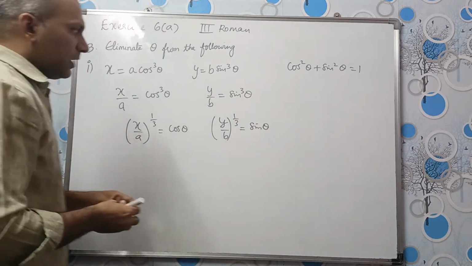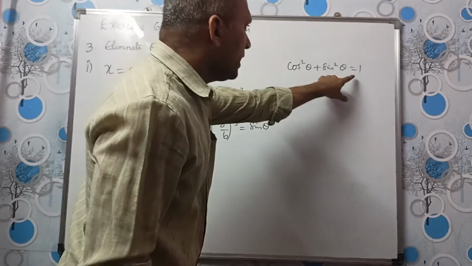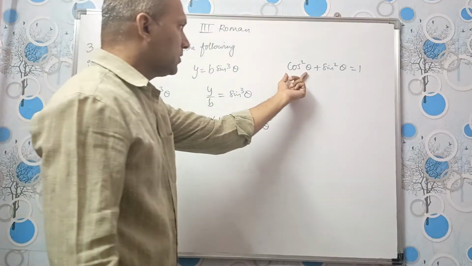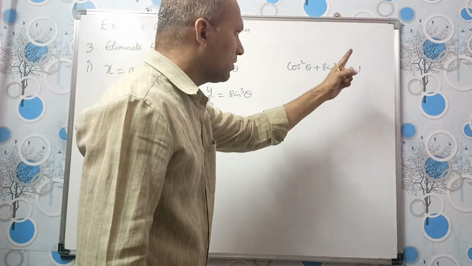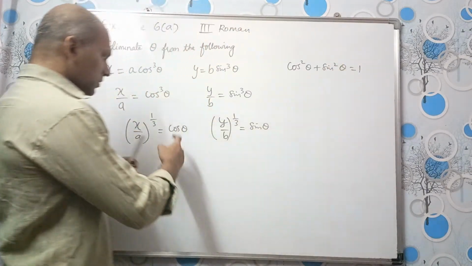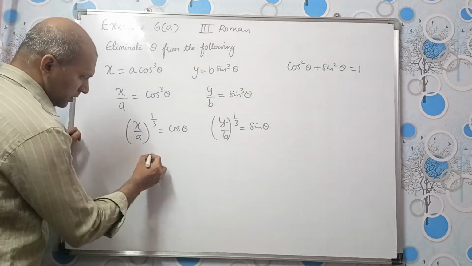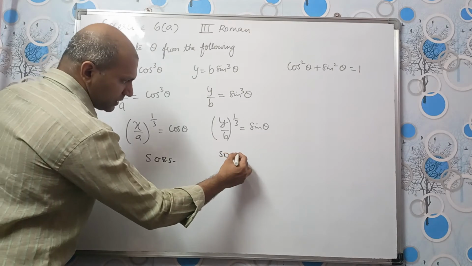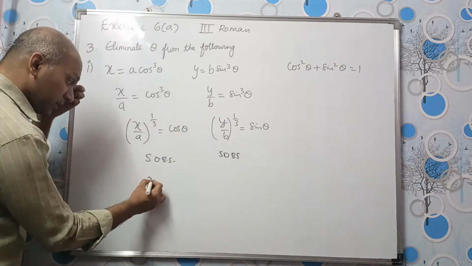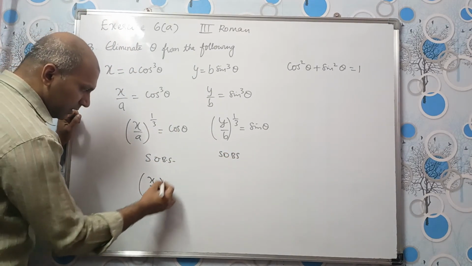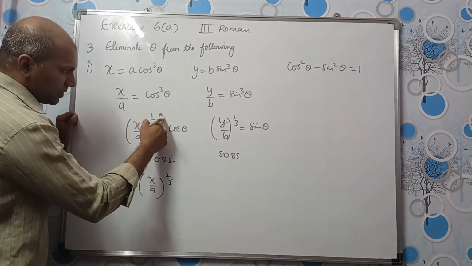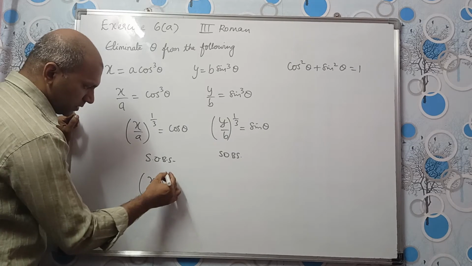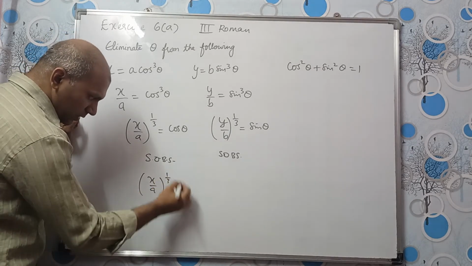Okay, now see, square and add, it will be equal to 1, because we have cos theta, we have sin theta. Cos square plus sin square will give us 1, right? So if you square this, let us write squaring on both sides here, squaring on both sides here. So what do we have now? It will be x by a to the power 2 by 3. If you square, we will have square here, right? Or 2 by 3, square of 1 by 3 gives 2 by 3.